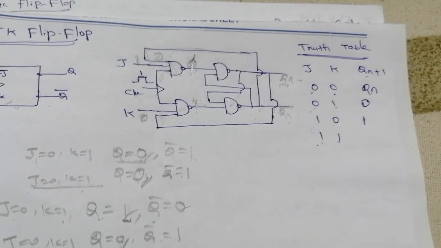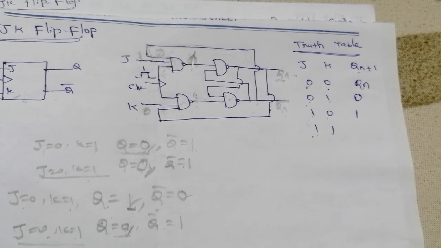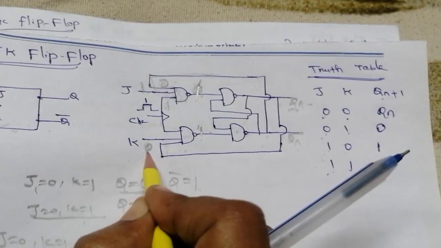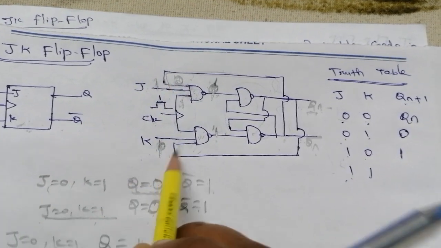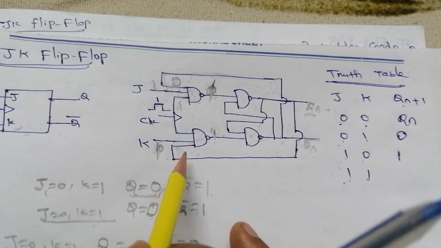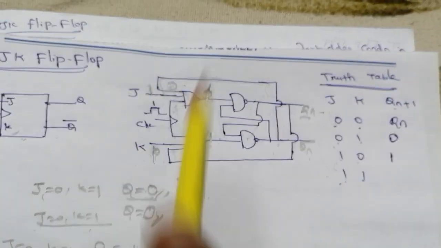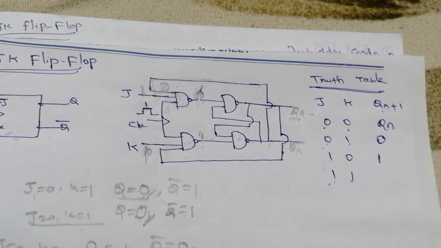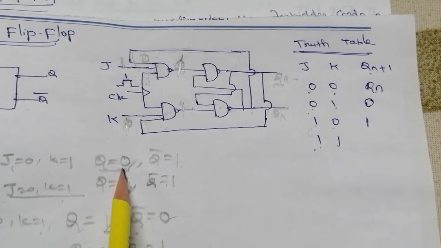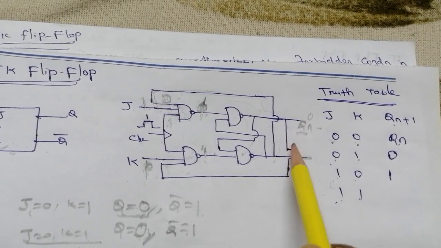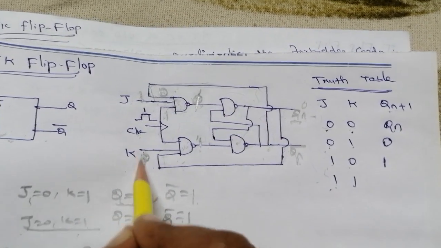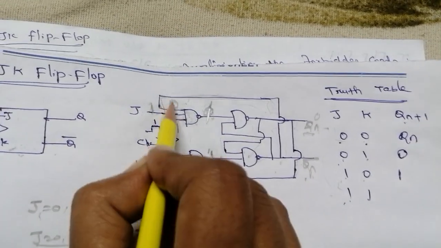Here also, in the same manner, we are going to check if both inputs are 1. In both the cases we definitely should know the value of the third input, right? So let's consider the same. Initially Q equal to 0. So Q equal to 0 means Q bar 1. So that Q bar is connected here and this 1 is connected here.